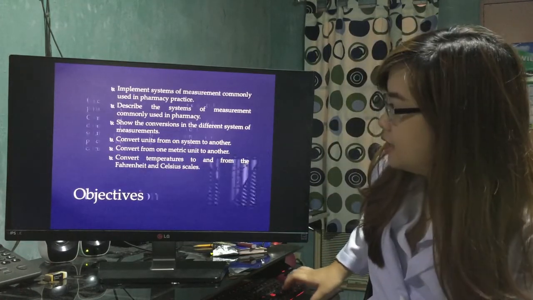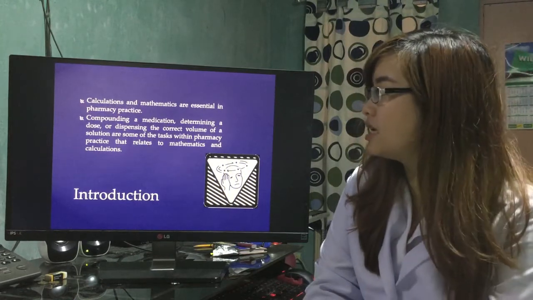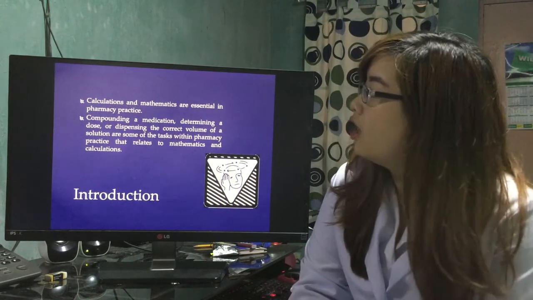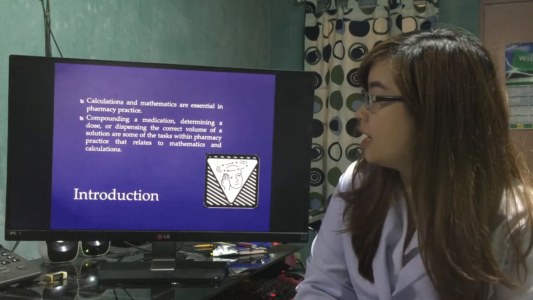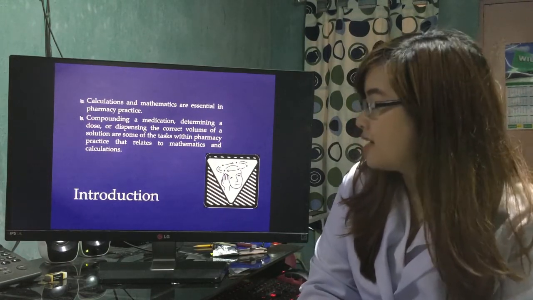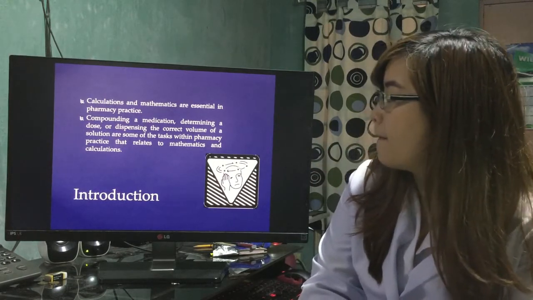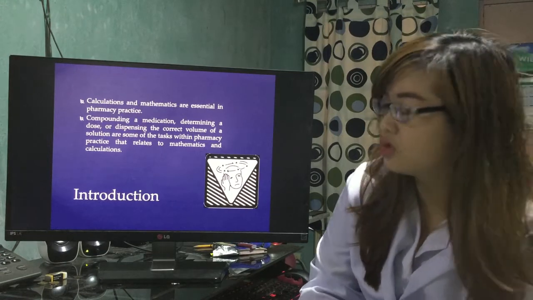Next is the introduction. Calculations and mathematics are essential in pharmacy practice. Compounding a medication, determining a dose, or dispensing the correct volume of a solution are some of the tasks within pharmacy practice that relate to mathematics and calculations.